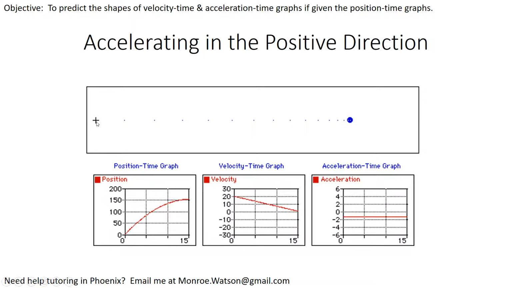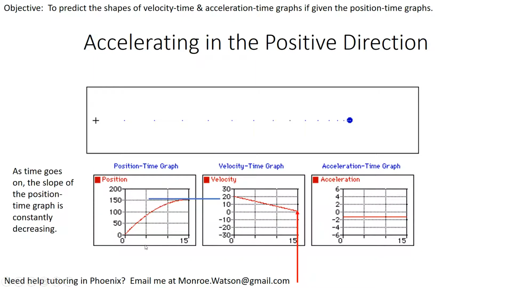As we see here, the spaces between the positions get shorter and shorter, and we'll notice that the object is going to be slowing down here. So let's take a look at it. All right, so we've got a really, really high tangent line at the very beginning. Then it gets a little lower, and then a little lower, and then a little lower.